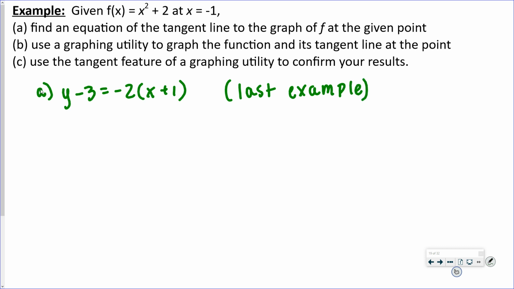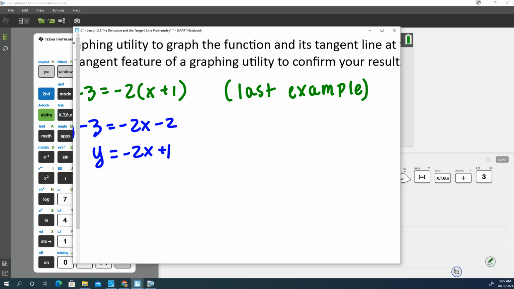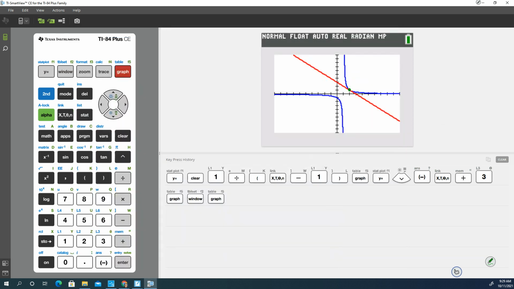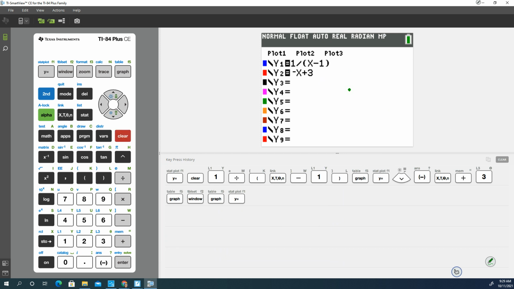Use a graphing calculator to graph the function and its tangent line, and then use the tangent feature to confirm your results. So you do have to put this in slope-intercept form quick. So we want to graph that x squared plus 2 and the tangent line, just like we did in the last one.